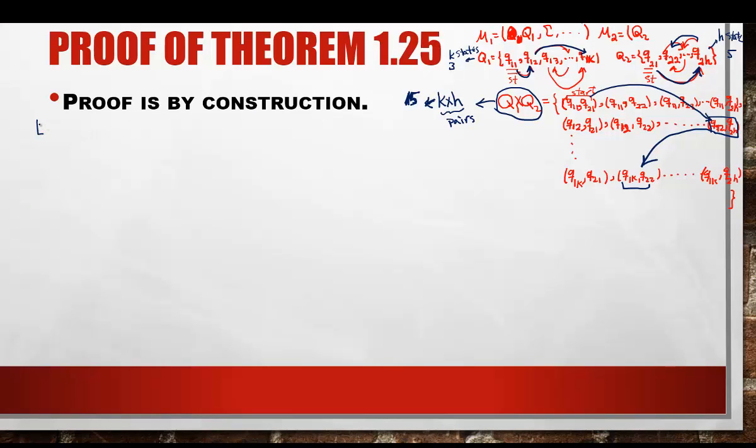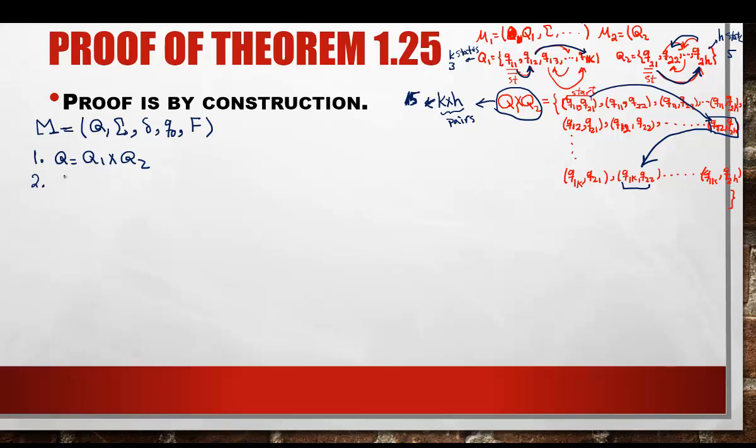What I did is that I constructed M to be Q, sigma, delta, Q sub 0, and F. And I built all these 5 elements. Q is the cross product of Q sub 1 and Q sub 2.